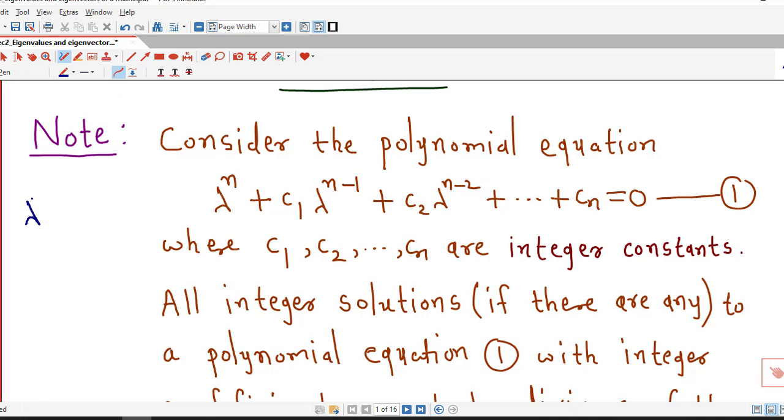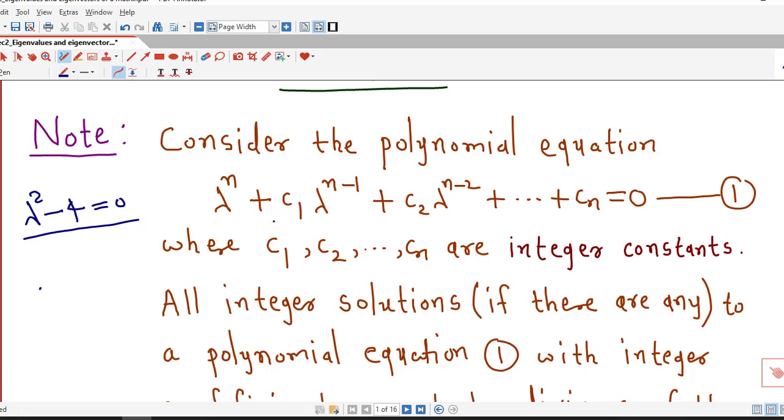For example, we know that lambda equal to 2 and minus 2 are solutions of this equation. This is a polynomial equation of degree 2, and the coefficients are integers. The coefficient of lambda square is 1, and the coefficient of lambda raised to 0, that is the constant term, is also an integer.